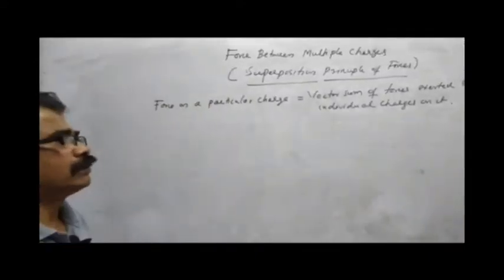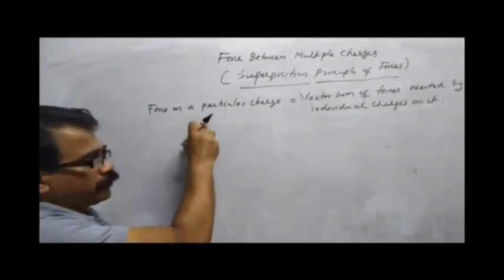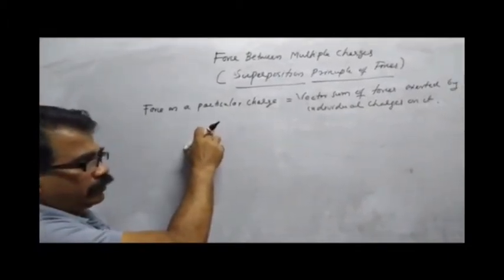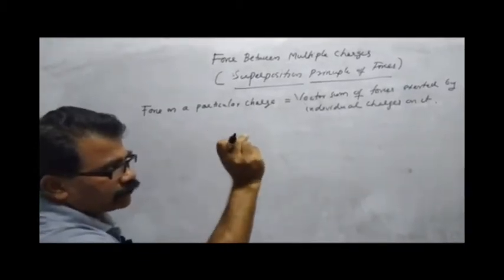This is a very simple description of the superposition principle of forces. The force on a particular charge is equal to the vector sum of the forces exerted by the individual charges on it.